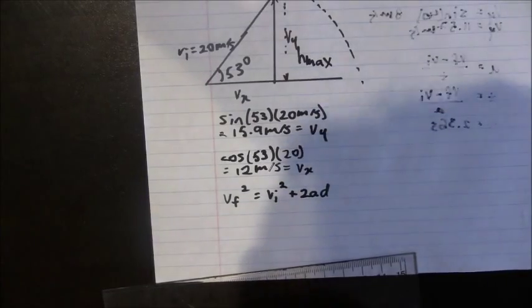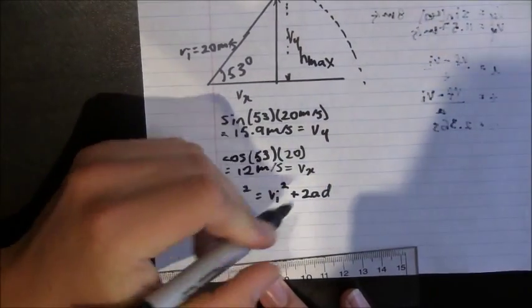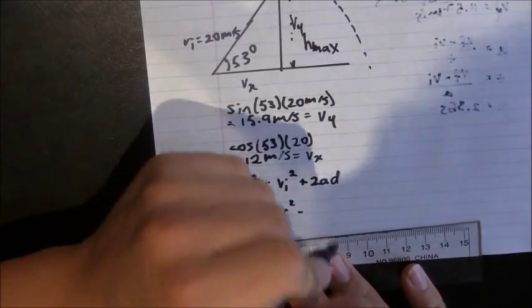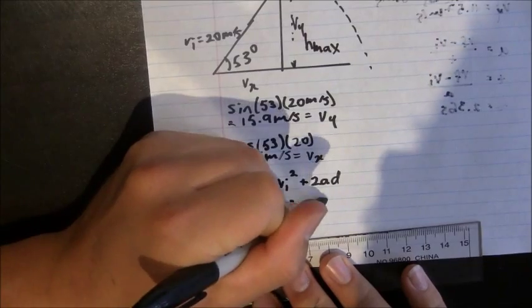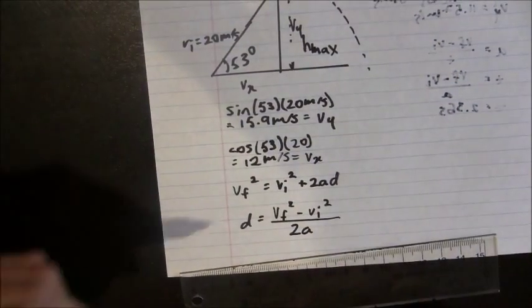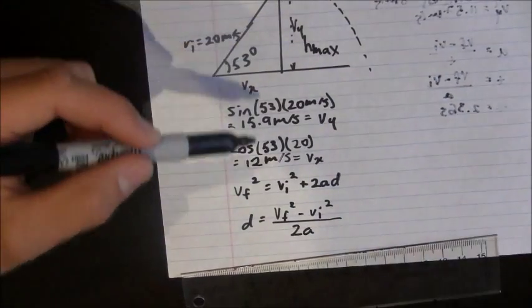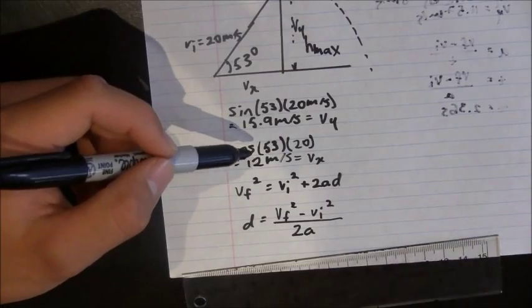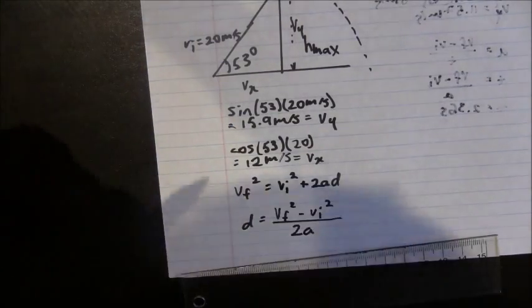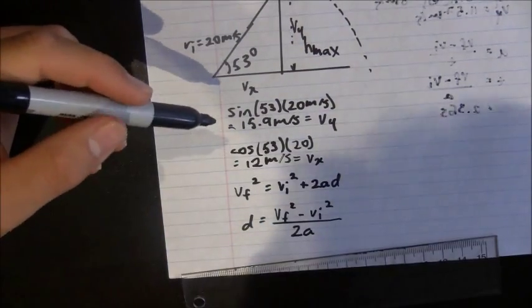Well, that's a no-brainer. What we can say is distance is final velocity squared minus initial velocity squared over 2 times the acceleration. And we just plug it right in. We say, what is our vertical component of our velocity? Well, that'll be 15.9 meters per second. And what'll be our final?